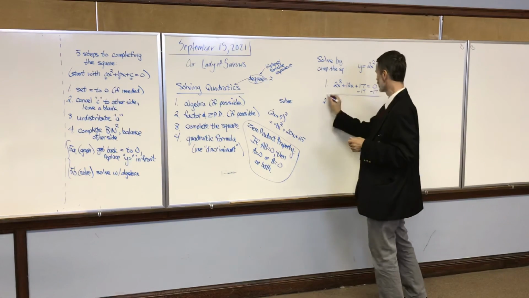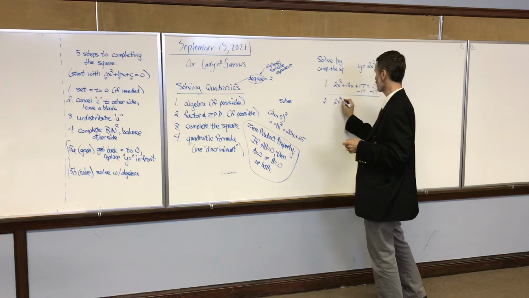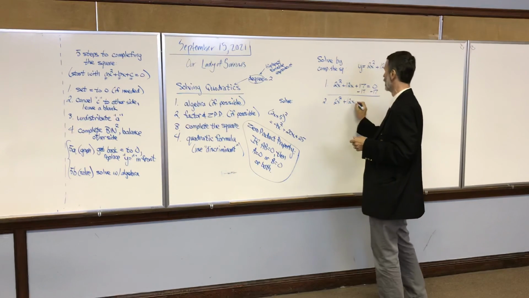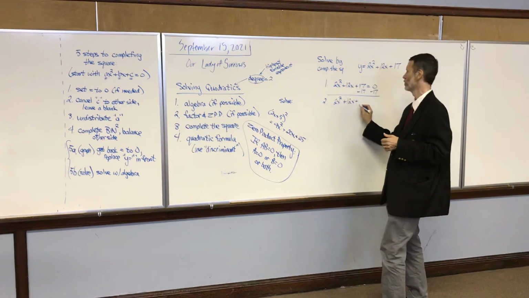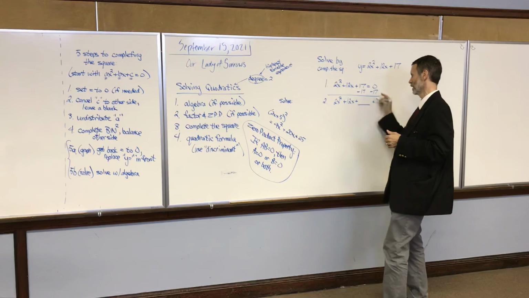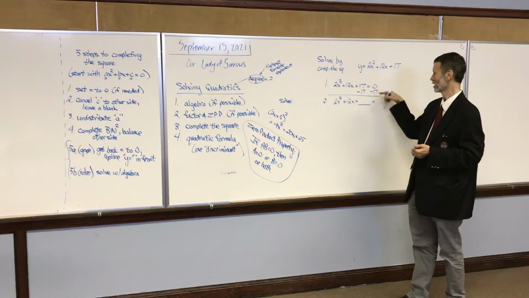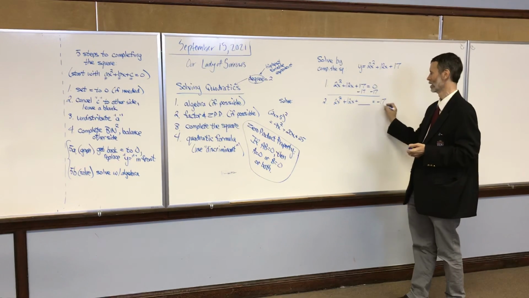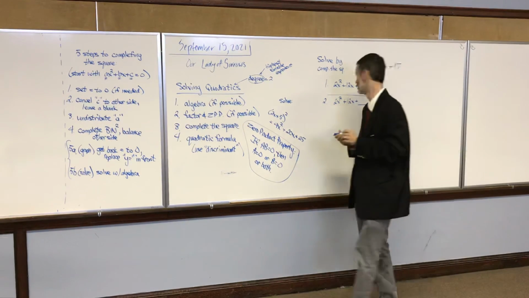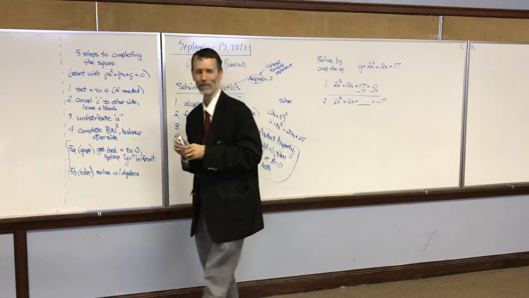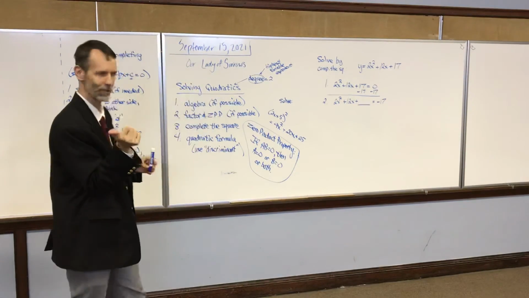And what I'd like you to do is write 2x squared plus 12x, and then leave a plus blank. And then what's 0 minus 17? Negative 17. Leave a blank there. Everything smart? So step 1, set it equal to 0.